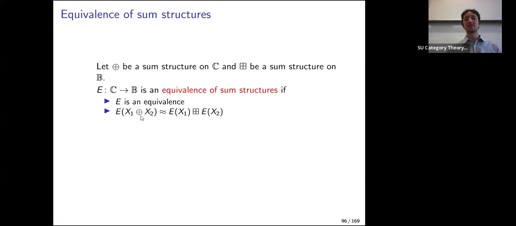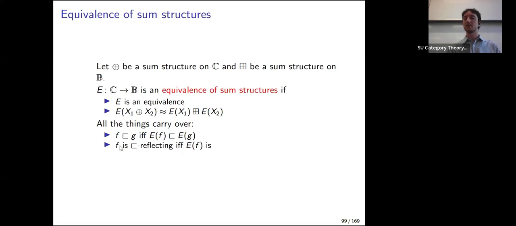We require this to be an isomorphism of sums, so making the inclusion diagram triangles commute. These are very nice. As you can imagine, everything carries over with an equivalence of sum structures. So G covers F if and only if the image of G covers the image of F under our equivalence. And F is C-reflecting if and only if the image of F under our equivalence is C-reflecting.